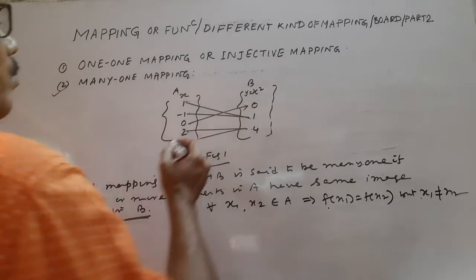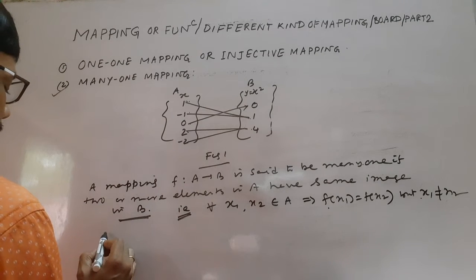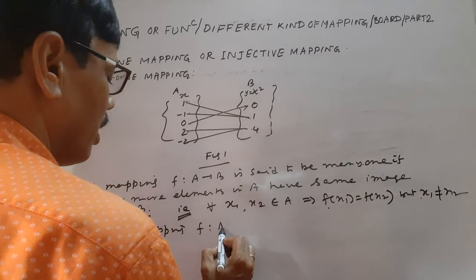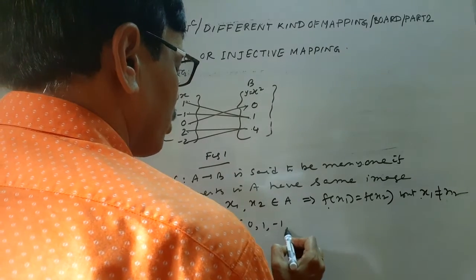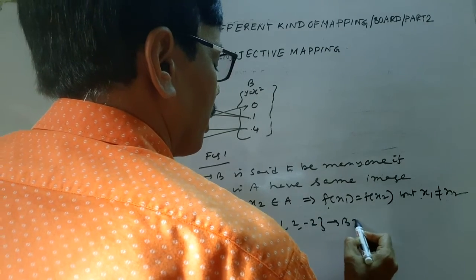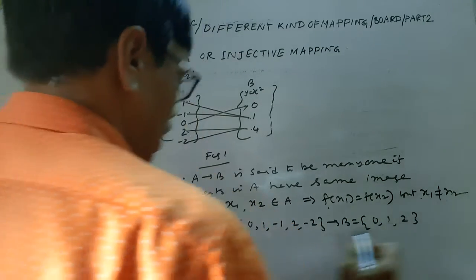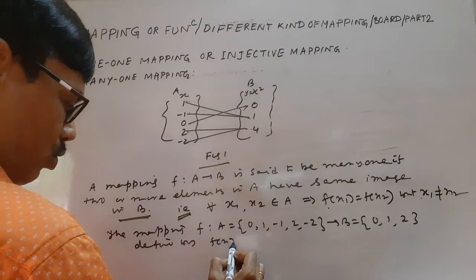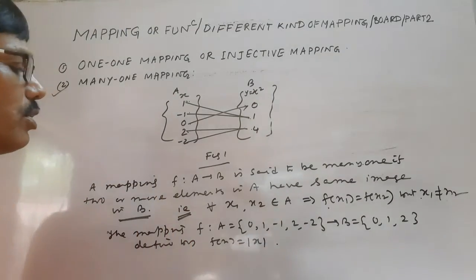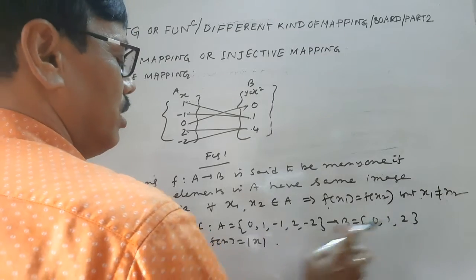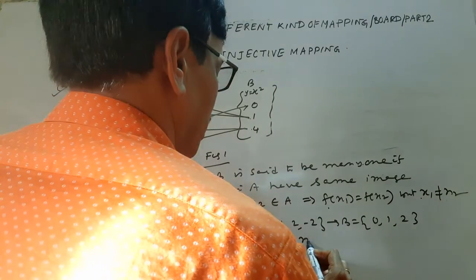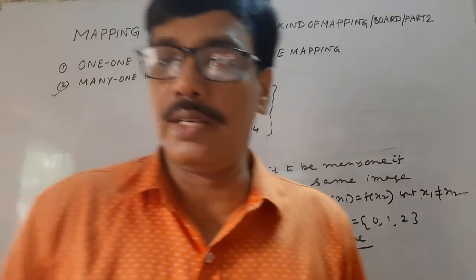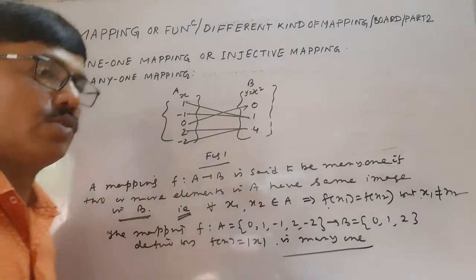So look, this picture diagram, you can write it, the mapping f from A, you take some elements, 1, minus 1, 2, minus 2, to B, 0, 1, 2. Then give the rule, defined by f(x) equals mod x. Mod x, mod 0 is 0, minus 2 is many-one. So many-one mapping.